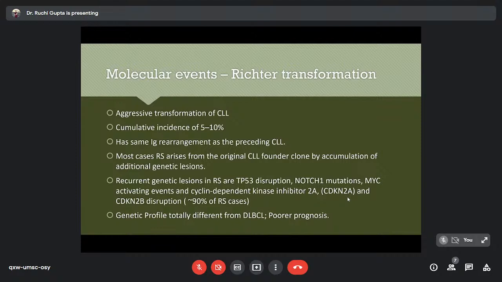Morphologically it resembles DLBCL, and at the genetic level MYC rearrangements are found, but other DLBCL profiles like the ABC and GCB types are not seen in Richter transformation. What is more frequently seen are TP53 mutations, NOTCH1, and cyclin dependent kinases, and this genetic profile is totally different from that of DLBCL. Richter transformation has a very poor prognosis. Very rarely, CLL can also progress to a Hodgkin's lymphoma.